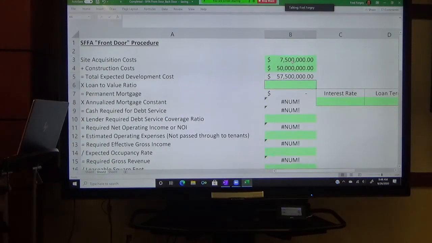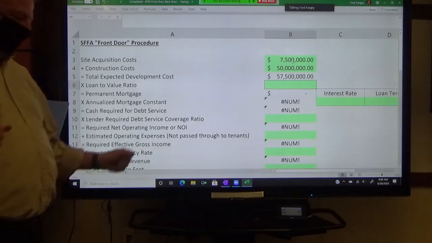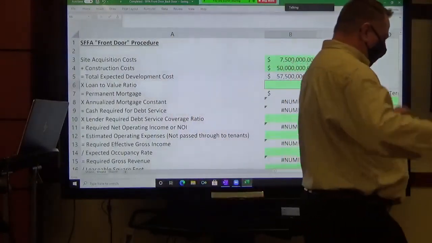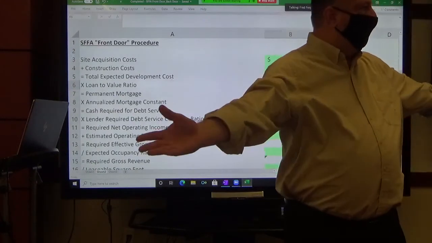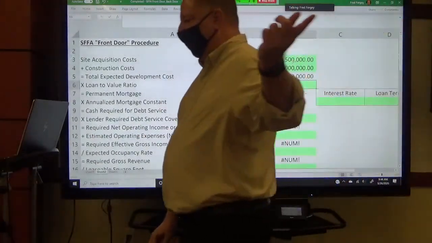All right, here's the way to think about this. We've got our land, we've got our construction estimate. We walk into our lender, and our lender says, boom, the maximum loan-to-value ratio that I'm willing to give you is what? 70%, let's say.